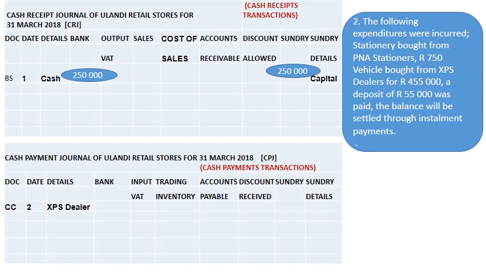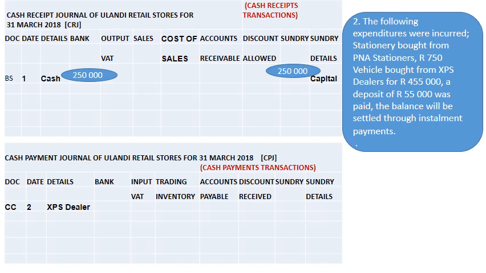A vehicle was bought from XPS dealers for 450,000 and a deposit of 55,000 rand was paid. The balance will be paid in installments. Therefore, the vehicle purchase was not on cash basis. The vehicle was bought on credit from the dealers.